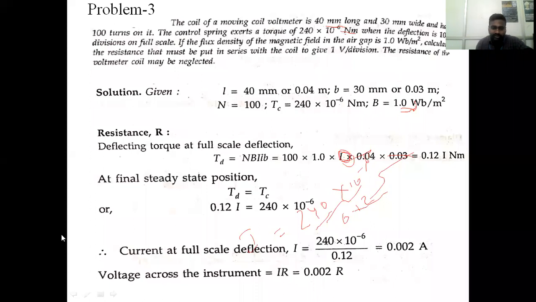So the voltage across the instrument, V is equal to IR. We know the value of current, that is 2 milliamperes. We don't know the resistance, so we need to calculate it. That is volt per division on a 100 scale, that is 0.002 multiplied by R divided by 100.